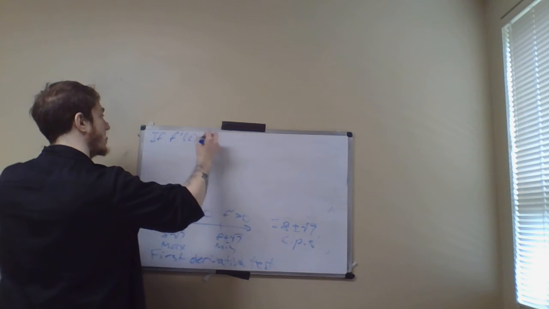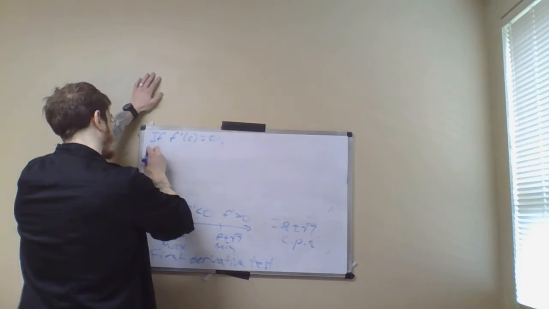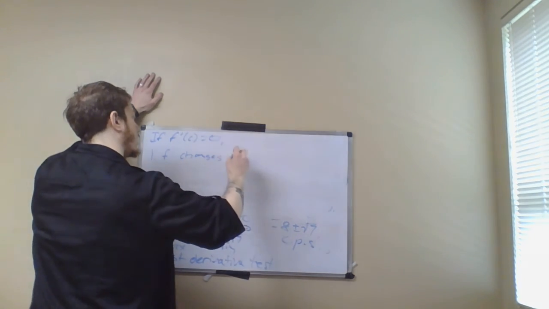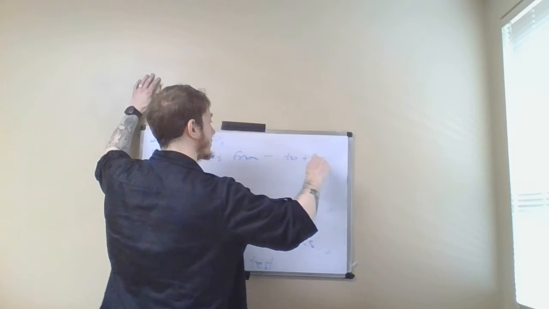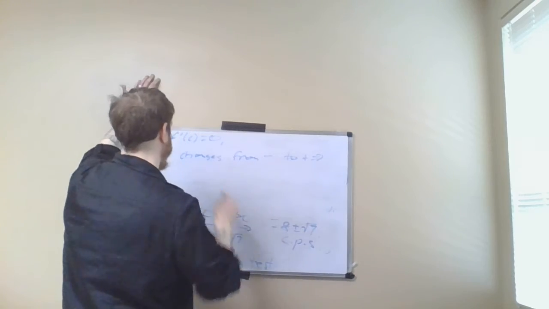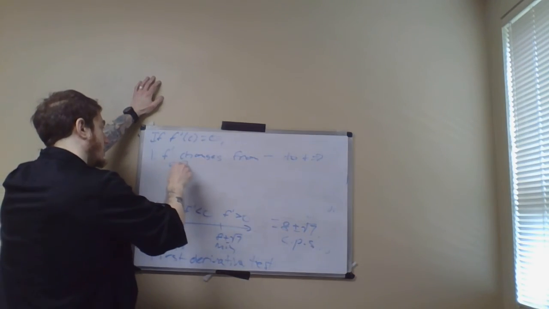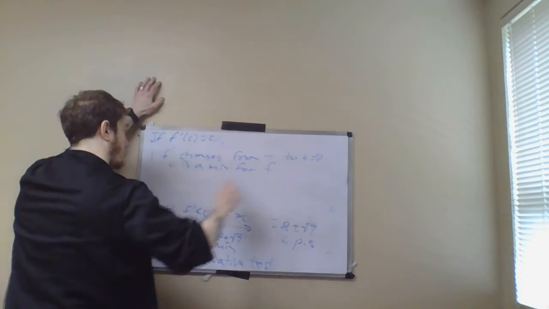If f prime of c equals 0, then if f changes from minus to plus, this means that f prime changes from minus to plus, c is a minimum for f.